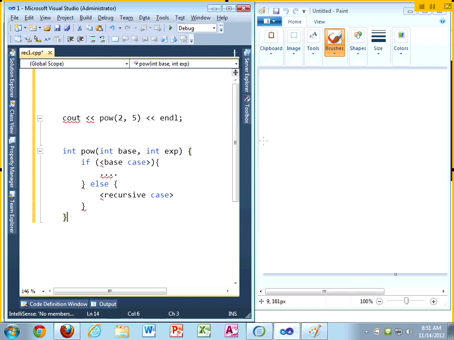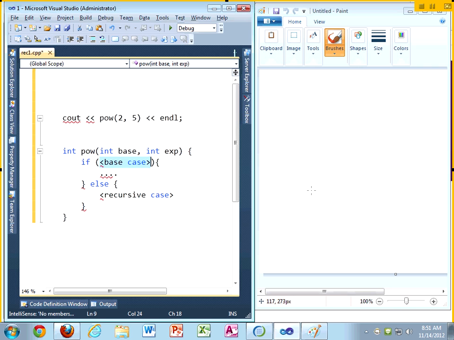Maybe sometimes there'll be 2 recursive cases instead of 1. Maybe sometimes the base case is that you do nothing. So instead of doing it this way, you would just have a reverse of it so that it would only show the recursive case, because in the base case you don't want to do anything. Anyway, there's different ways this will show up, but basically this is the fundamental structure that every recursive function is going to have. It's always going to have a base case and a recursive case.